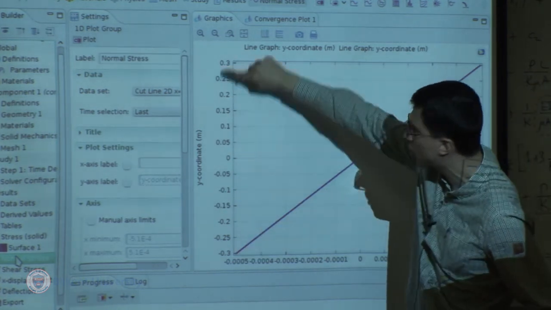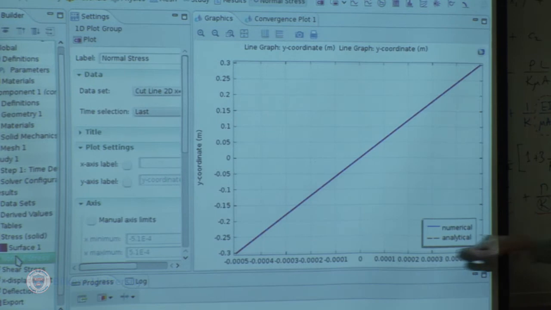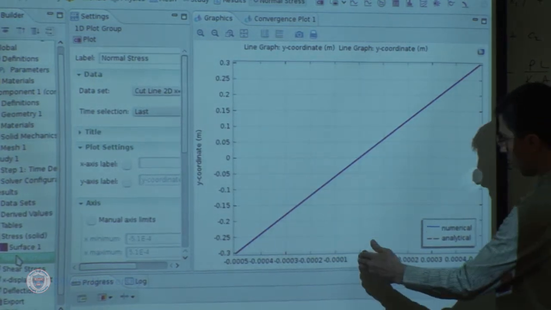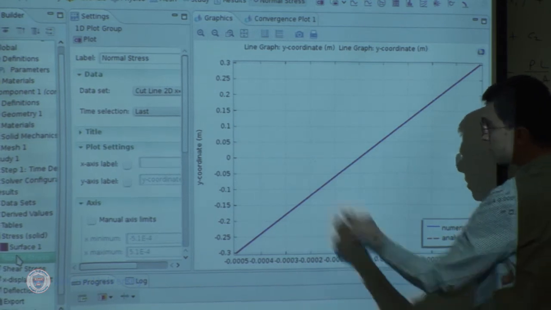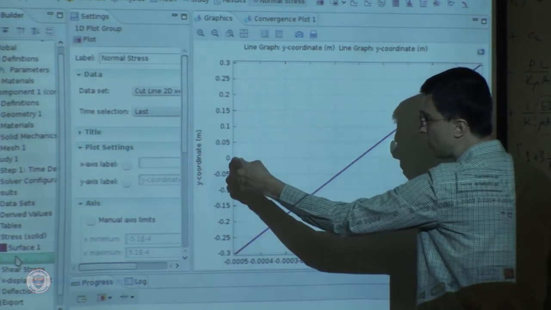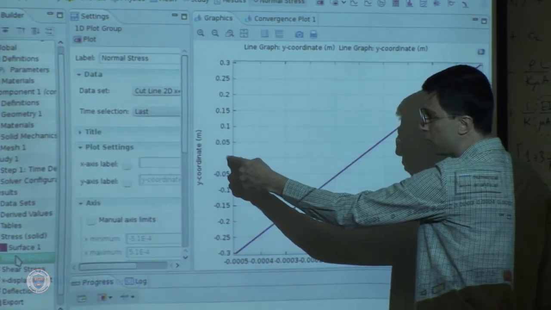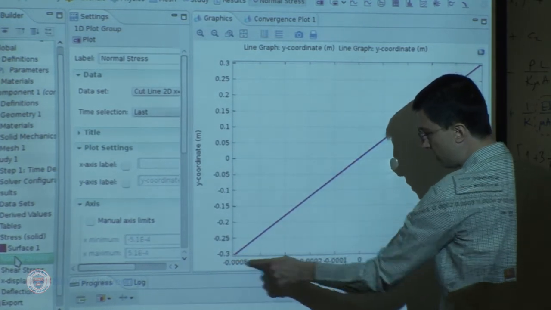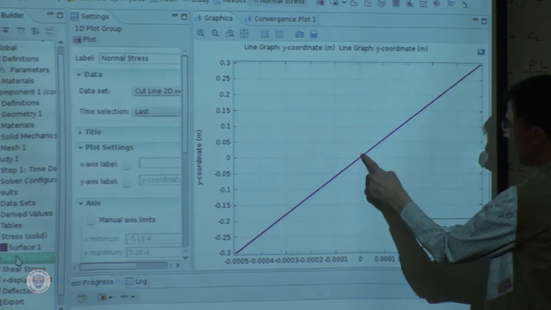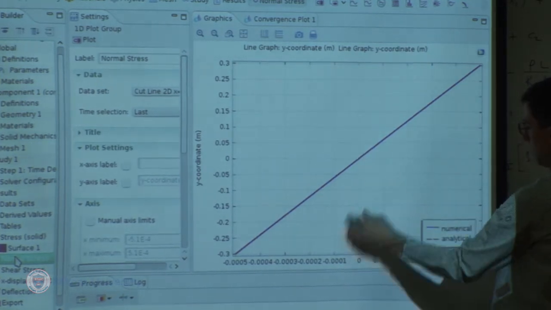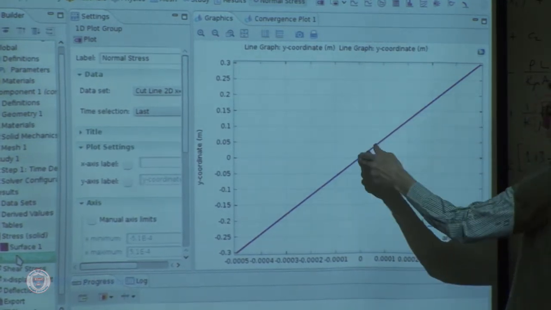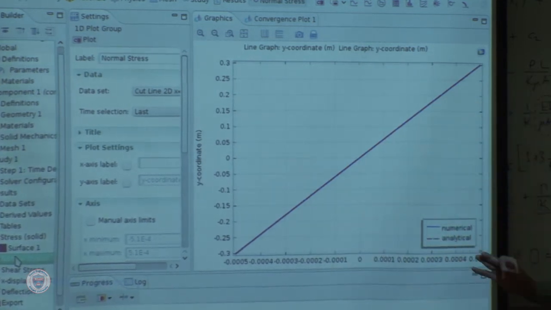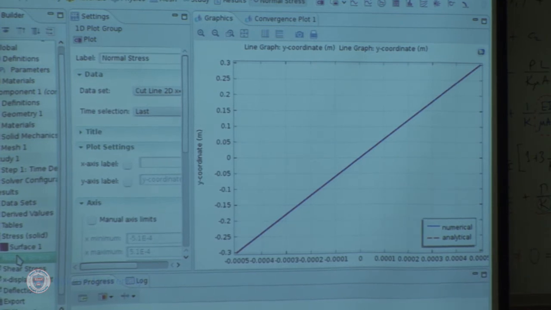Here, this is the y coordinate, and this is the value of sigma 1,1. Below x2 equals 0, below the neutral axis, it is compression. On the neutral axis, it's 0. And above the neutral axis, it becomes positive and it's linear, exactly as in the analytical solution, exactly as in the numerical solution.